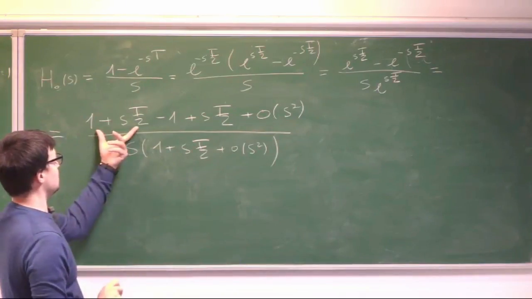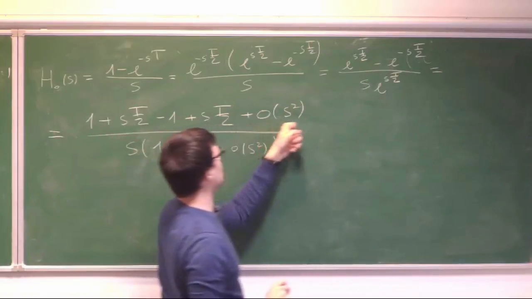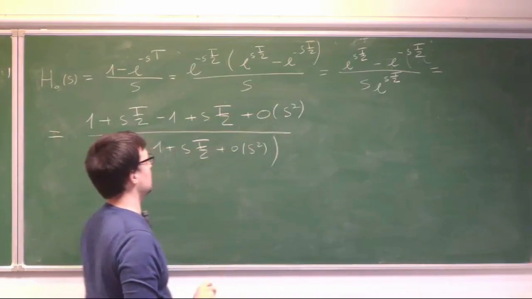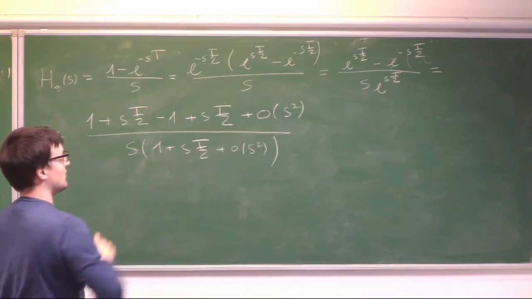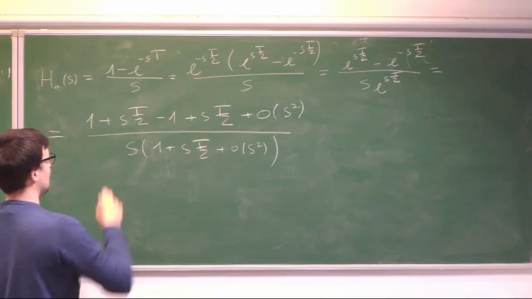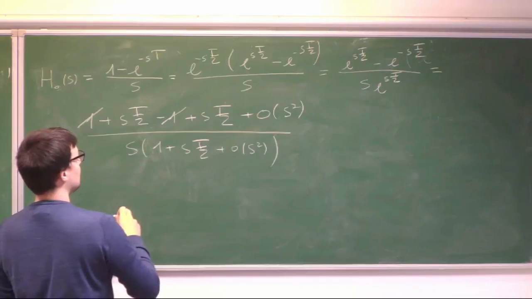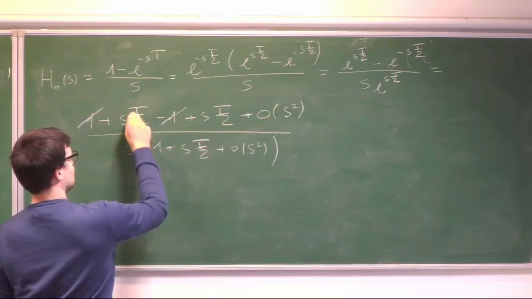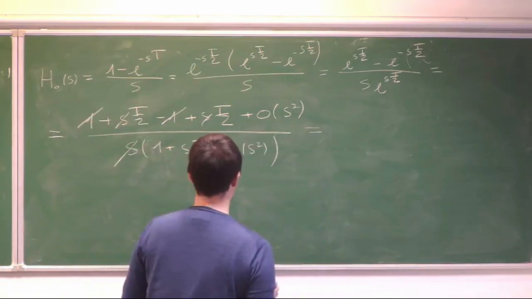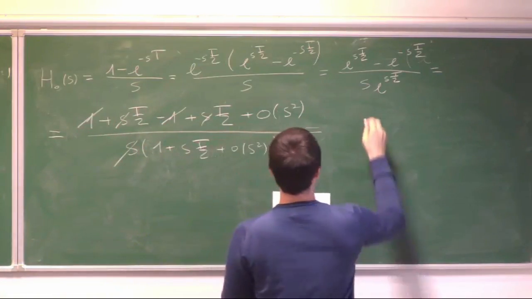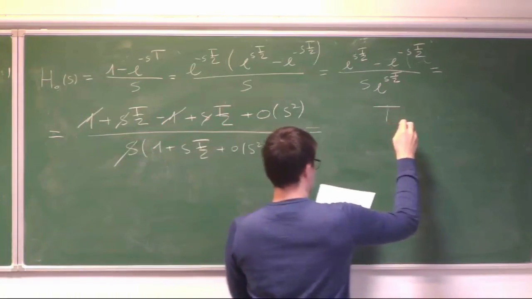This is the Taylor expansion of the first term, the Taylor expansion of the second term, and then all the terms of order s squared or higher power. We do the same expansion at the denominator. We simplify this term with this term, and then you see that at the numerator we get a term in s. So this s can be simplified with this s over here, and so what we obtain is t divided by 2 plus t divided by 2, so it's t.